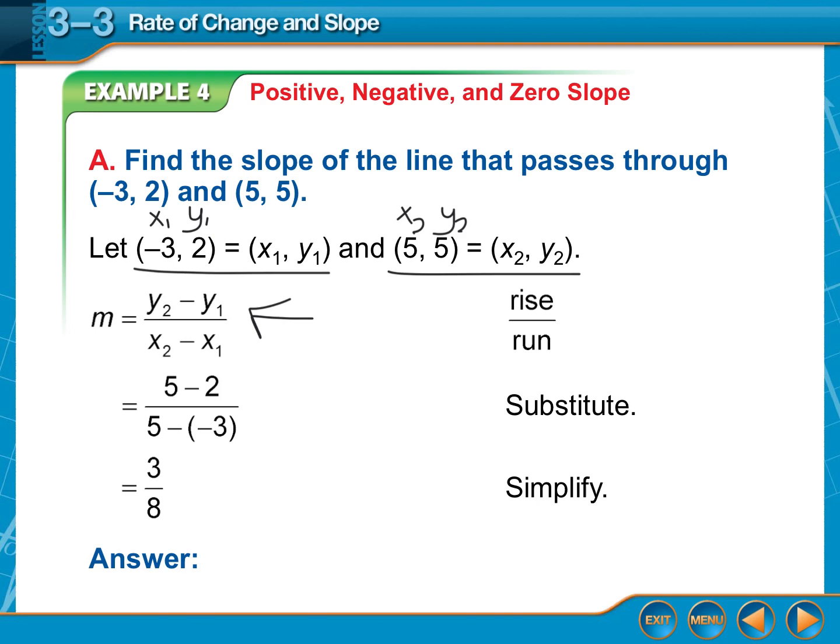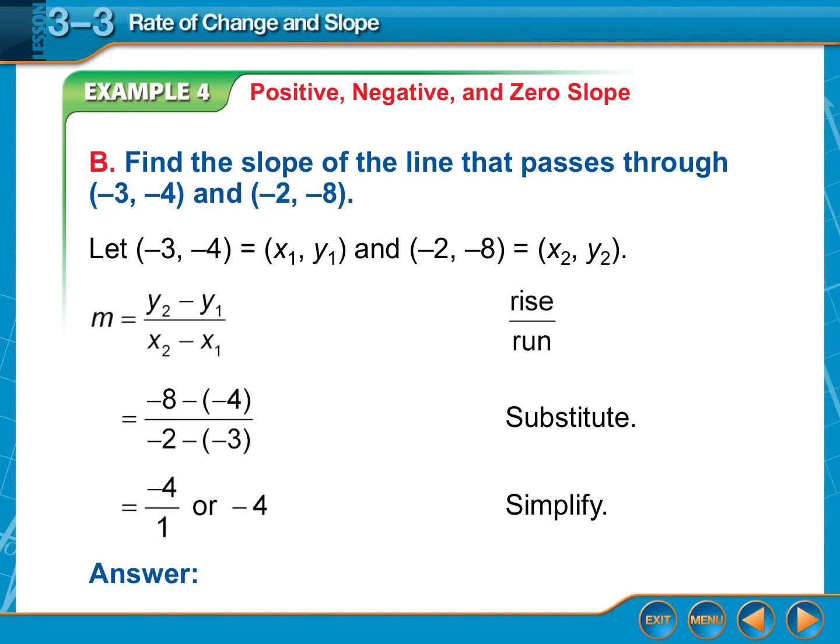So our y2 was 5, our y1 was 2, our x2 was 5, and our x1 was -3. Notice that is always subtraction. But what does the bottom turn into? 5 minus a -3. Two negatives make a positive, so that turns into 5 plus 3. So be careful with the negatives. That might be a little tricky in there.